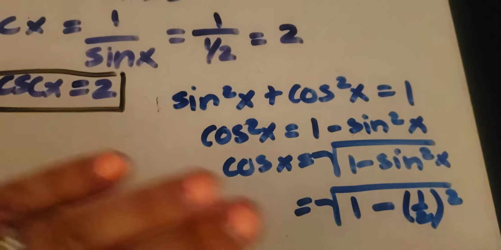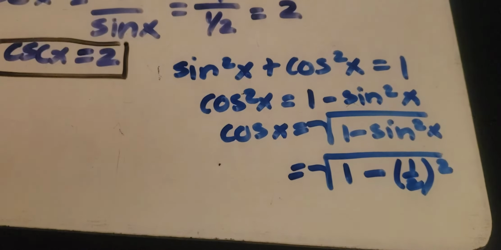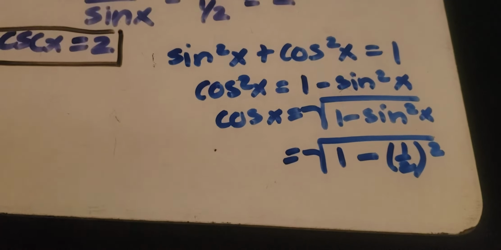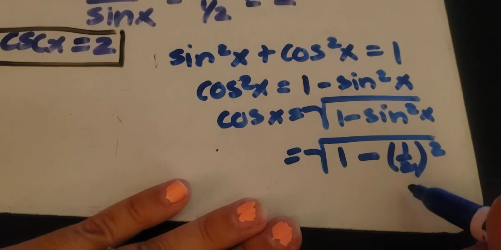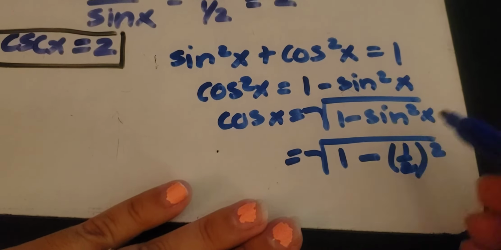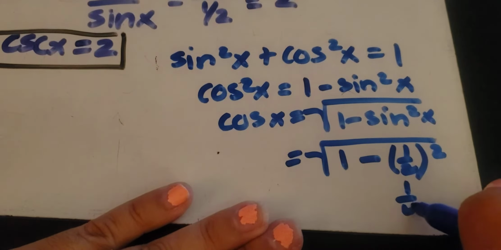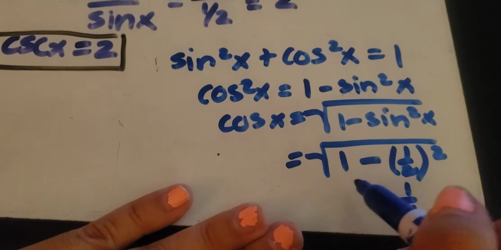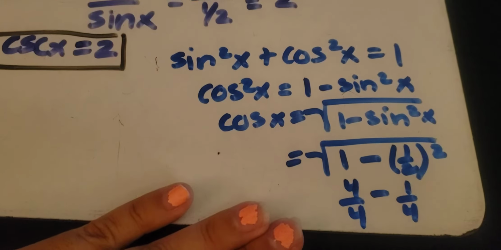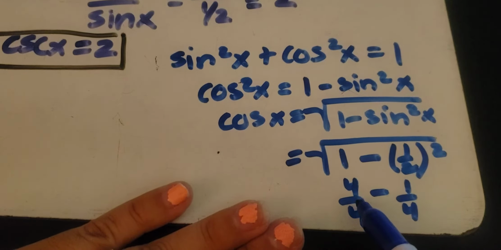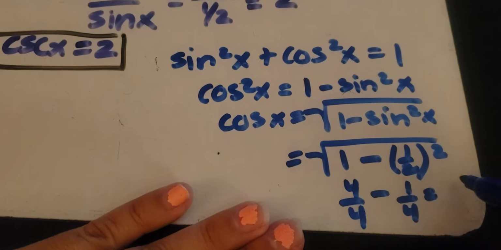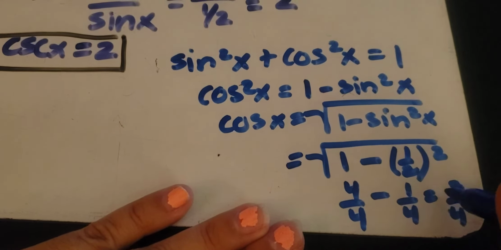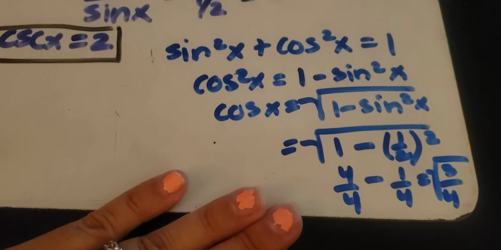So 1 minus 1/2 squared. Then you just do some simple algebra. Whenever you square a fraction, it's the same as squaring the numerator and the denominator. So this is the same as 1/4. And I could just rewrite 1 as 4/4, okay? And 4 minus 1 is the same as 3/4, or the square root of 3/4, okay?